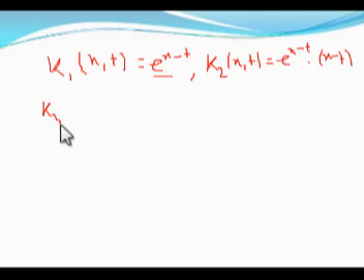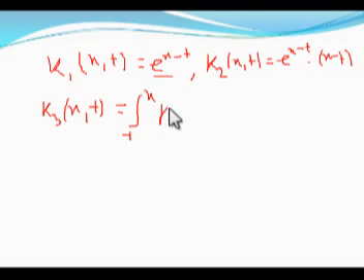K3(x,t) will be the integration from t to x of K(x,z) and K_(n-1), meaning 3 minus 1, 2. So K2(z,t), with respect to dz.